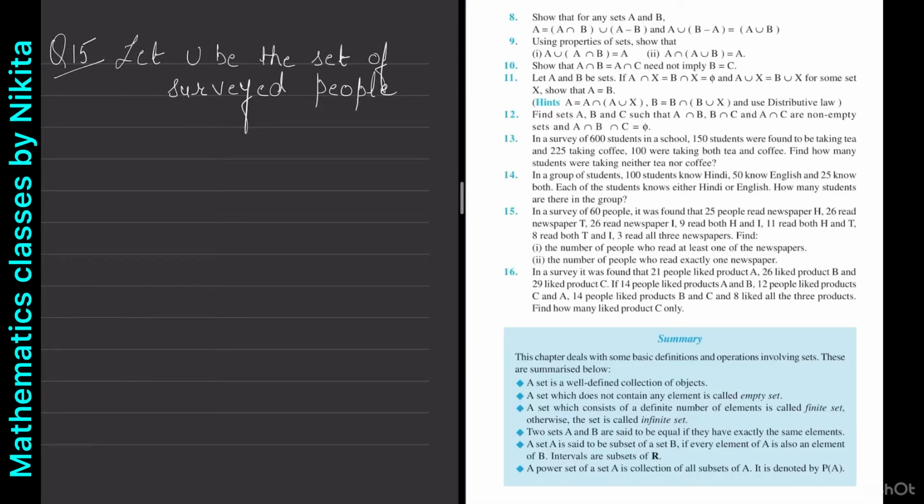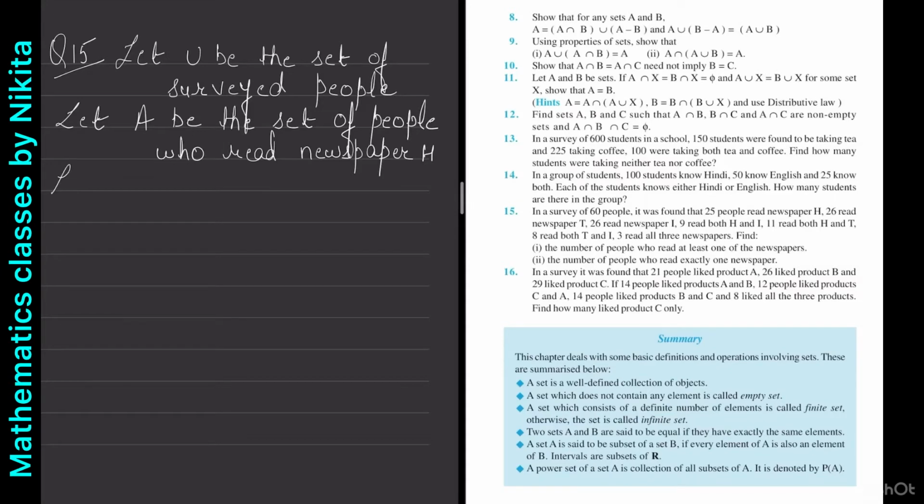Now 25 people read newspaper H, so let A be the set of people who read newspaper H. Let B be the set of people who read newspaper T, and let C be the set of people who read newspaper I. So you have three newspapers H, T and I.